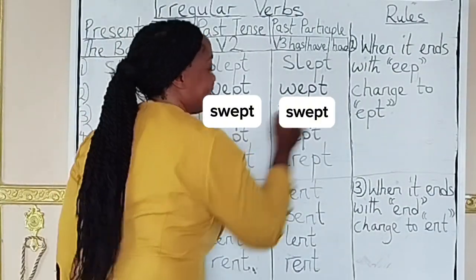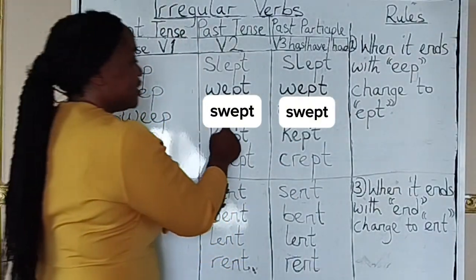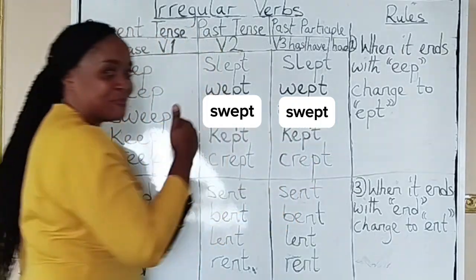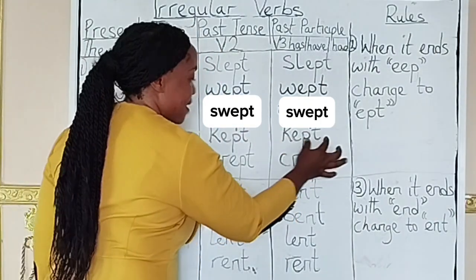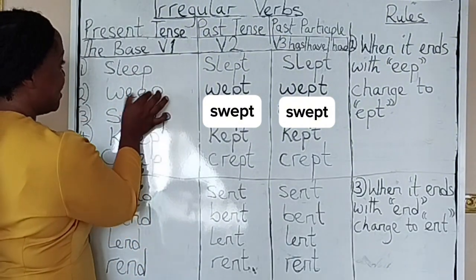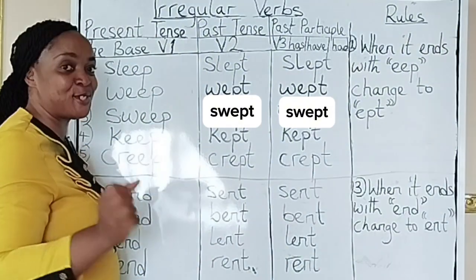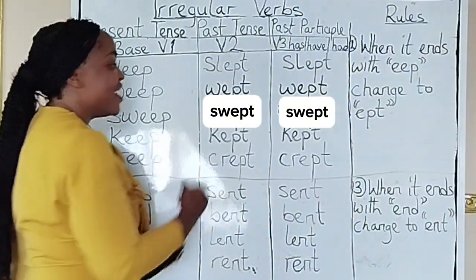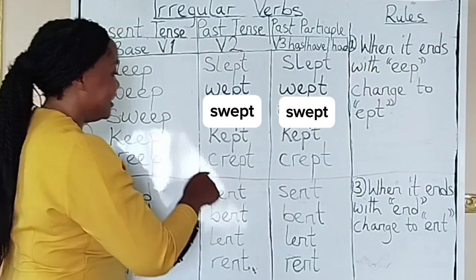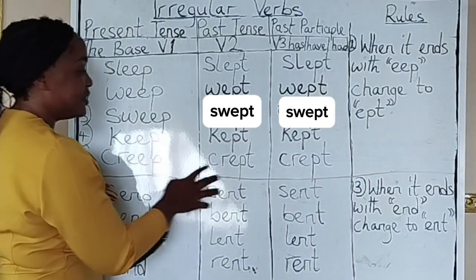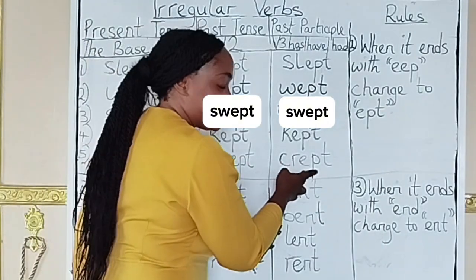Sweep, swept, swept. Keep, kept, kept. When you have such irregular verbs, always change to ept at the end. The last, creep, crept, crept.